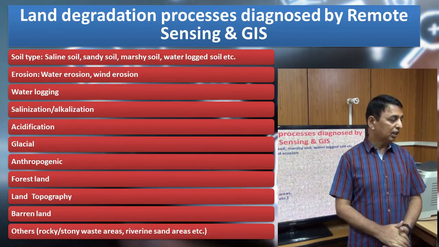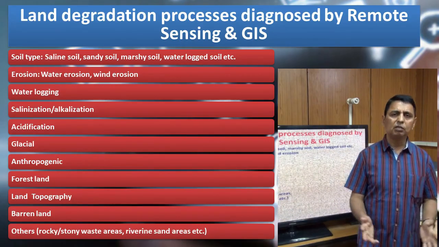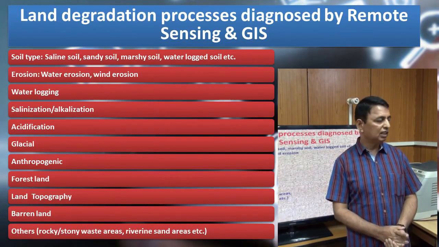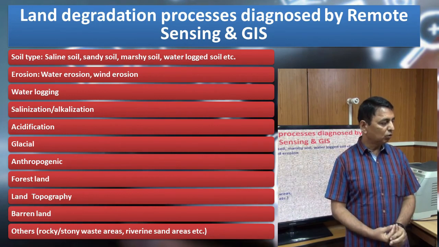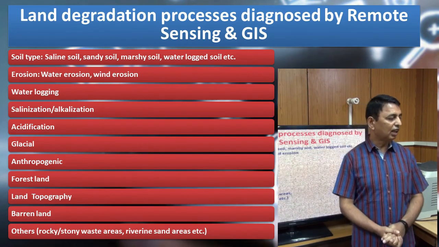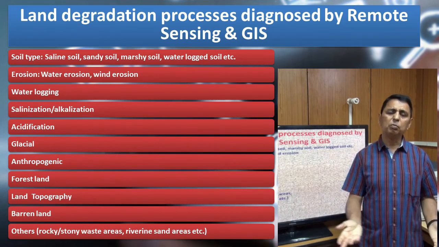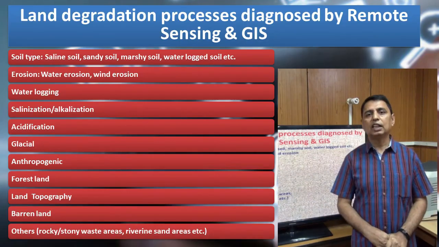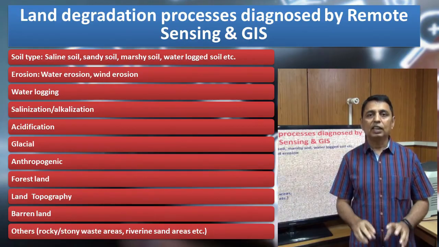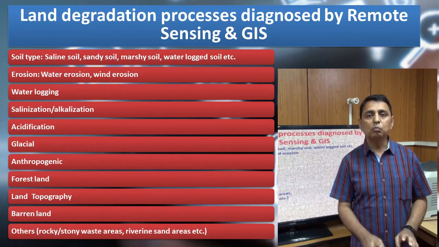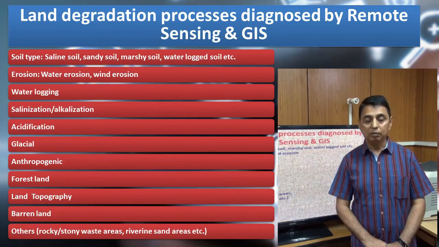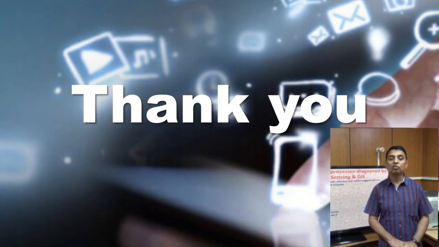Barren land can also be calculated. Suppose rocky soil is there, some stony waste area, riverine soil area. We have written a few, but we can analyze many available features on the surface of the earth.